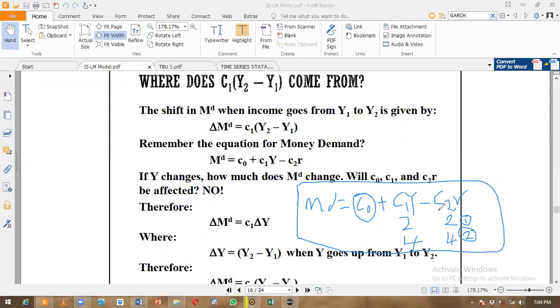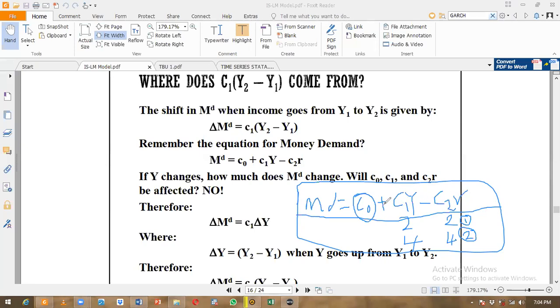What I'm trying to say is the demand for money schedule is normally in this form. So MD will be equal to a constant, then the component that depends on income, Y, and then the portion that depends on interest rate.